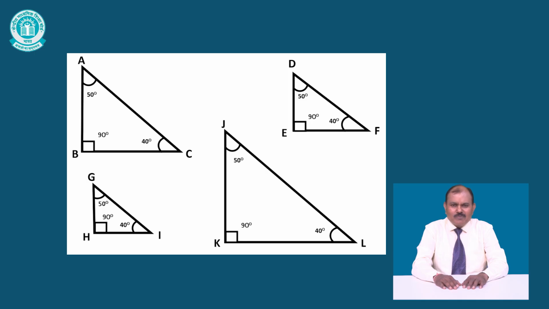These triangles may or may not be congruent to each other. So, equality of three angles is not a sufficient condition for congruence of triangles. Therefore, for congruence of triangles, out of three equal parts, one has to be a side.